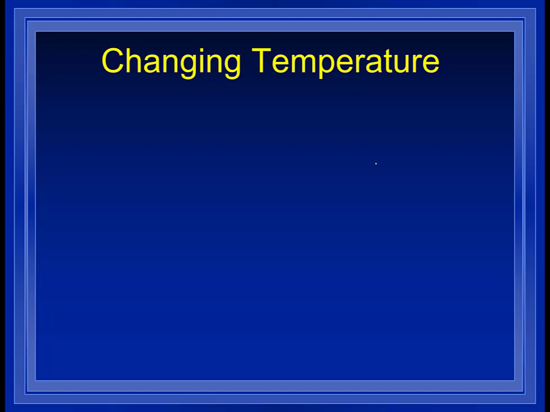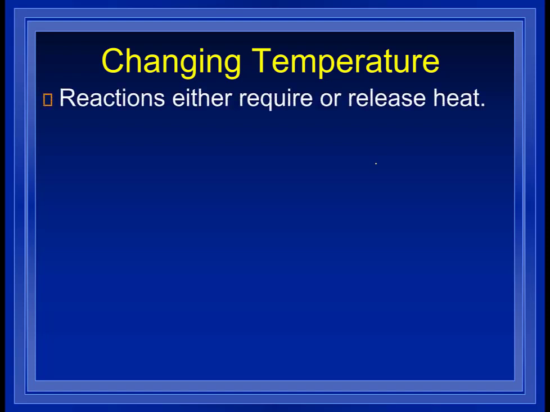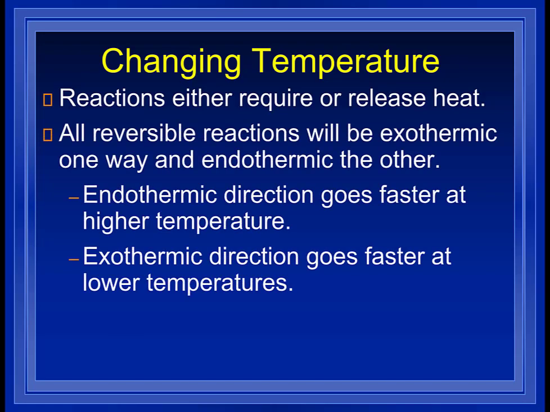And the second thing we change is temperature. And reactions either release or require heat. If you're doing the extra credit, you'll see that those are called endo and exothermic. Exo means like exit or exoskeleton, out.